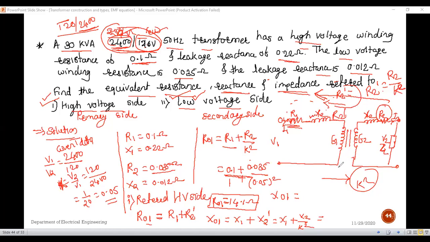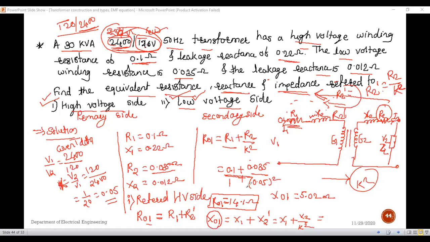Tell me the value of X01. 5.02, right? So 5.02. What is the unit? Ohm. Reactance unit is ohm.